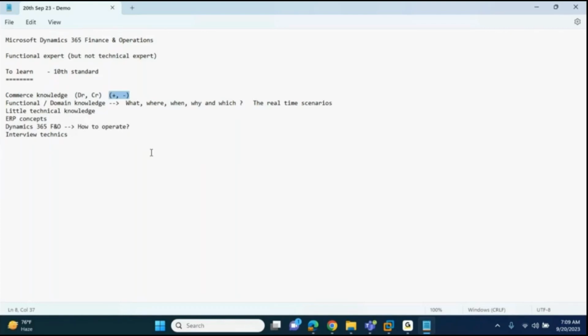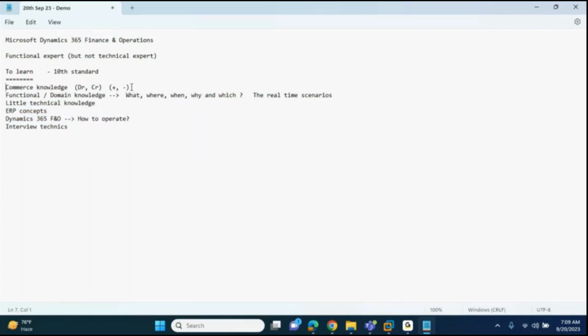Understood? So you should know about debit and credit, or positive and negative. If you don't know, I will teach you all these things. Don't worry. Only you should know what is the difference between positive and negative at least.